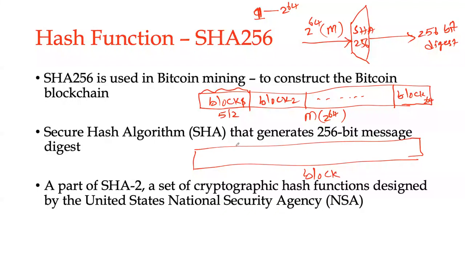That block is divided into words: word 1, word 2, and so on up to word 15. So what is the size of each word? The size of each word is 32 bits.